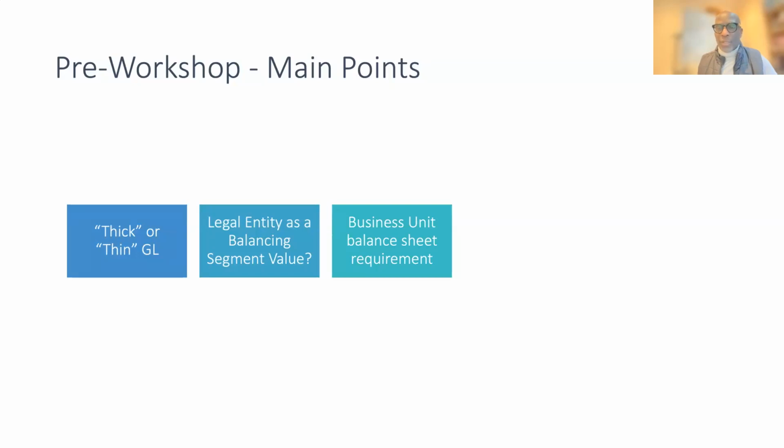Now, if they're going to go for that and they've signed it up, you may actually use a secondary balancing segment value as well. So you can have more than one BSV. So also think about that.